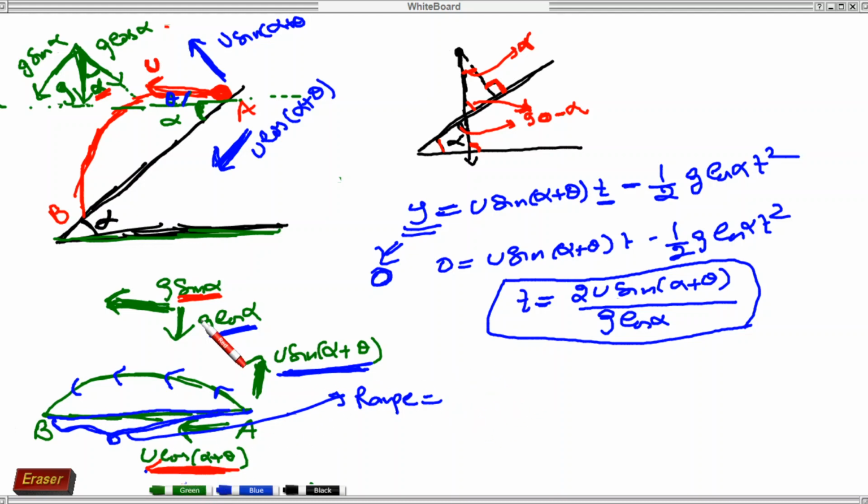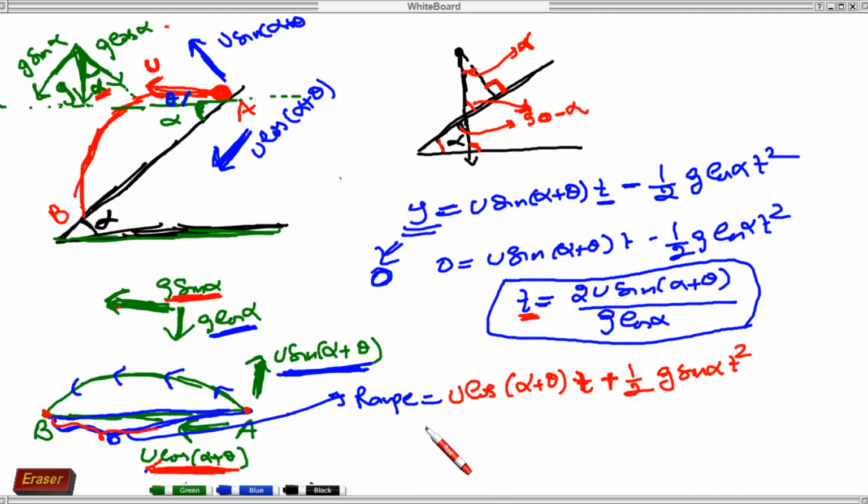So range is equal to u cos(alpha plus theta) times t, where t is the total time of flight, plus half g sin alpha t squared. We use the plus sign here because the speed is increasing, meaning g is along the direction of u cos(alpha plus theta).